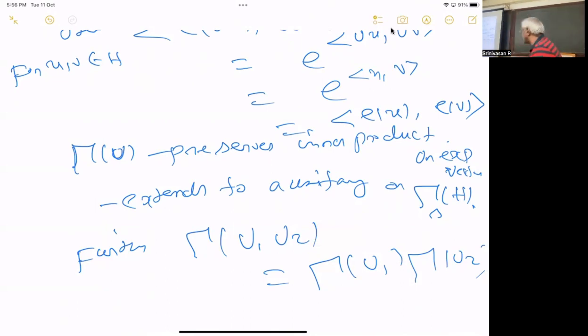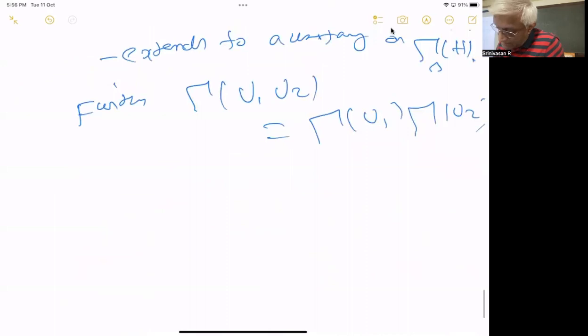No, we need totality or something. We need the strong continuity. Anyway, this is true.